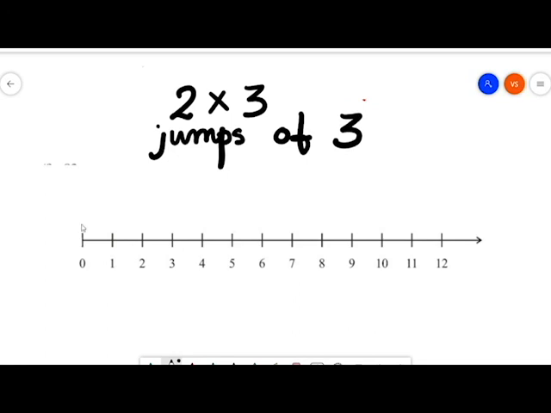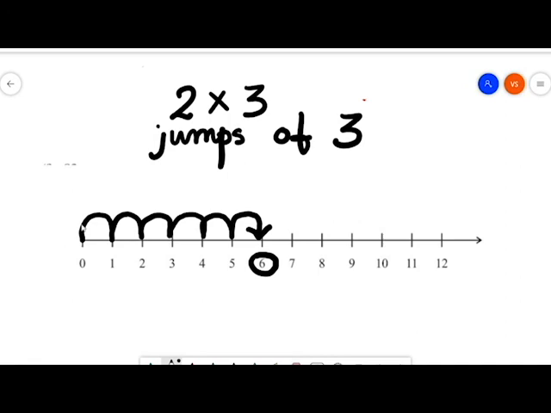When we mark it in the number line, we can mark it like this. This is 1 jump of 3, and this is the second jump of 3. So in total we made 2 jumps of 3 and we reached the answer 6.